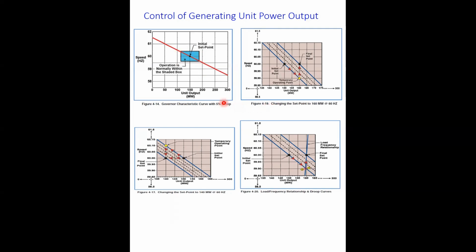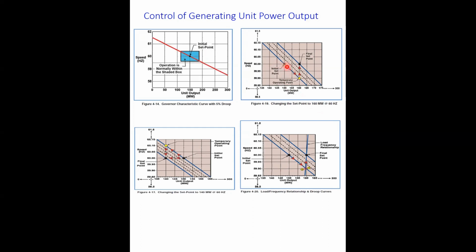So this characteristic is for 5% droop. If we have the change in the power set point to 160 megawatt, the initial operating point was 150 megawatt. So here you have 150 megawatt corresponding to 60 hertz here. If the power output set point is changed to 160 megawatt, that means 10 megawatt delta P. So the characteristic initially will move in this direction.